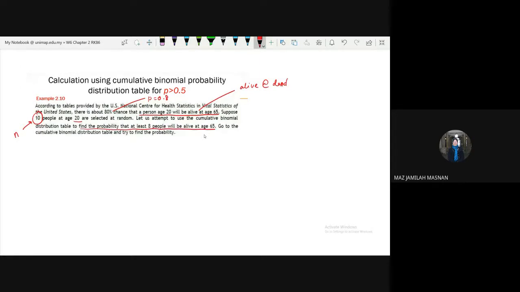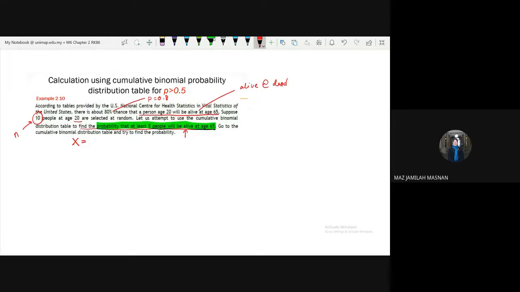I always like to highlight the question, because in the question lies the keyword that you are going to use for your random variable X. The random variable X is illustrated in the question. Now, how do you define X?